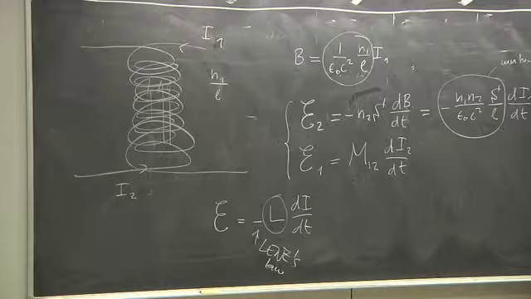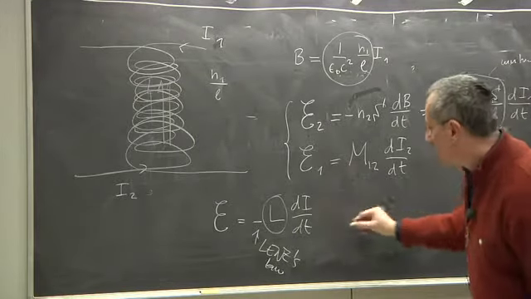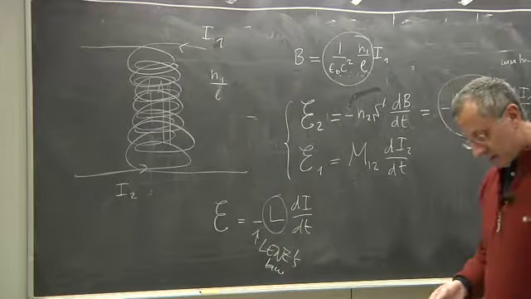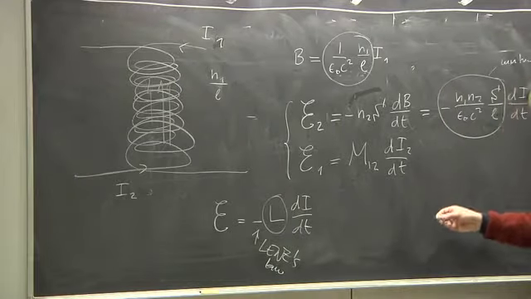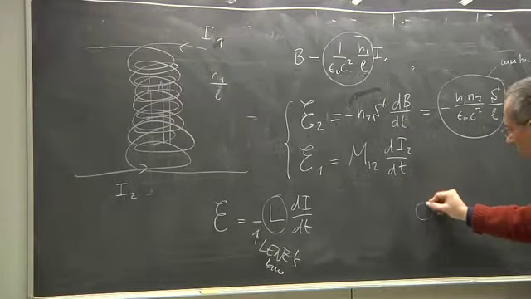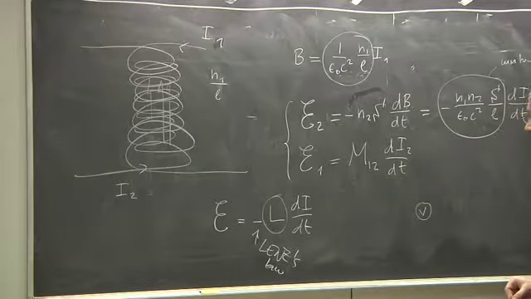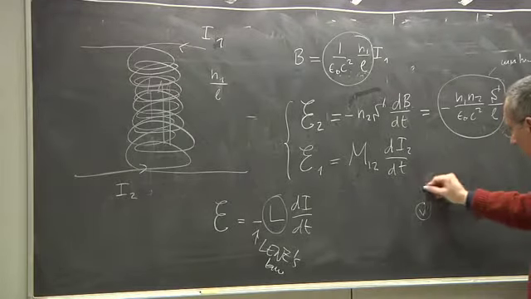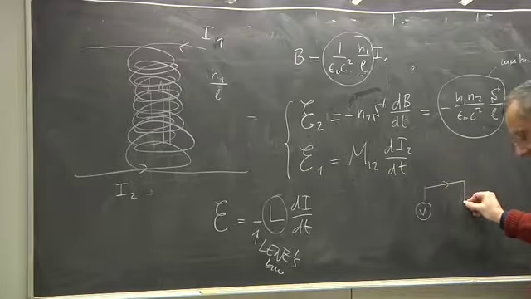And so if you write the simplest circuit, you have some voltmeter, and you have a current going around. This is the simplest.